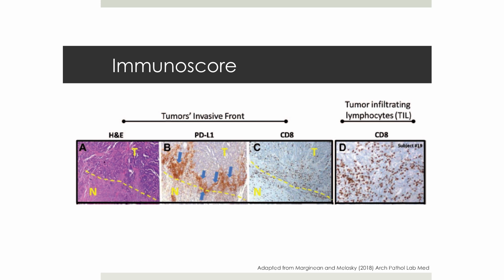The brown stain says, yes, there are T cells checking IDs. And then the CD8 looks for activated T cells, and we look for activated T cells along the invasive tumor front as well as within the tumor. So is there actually an immune response to the tumor?